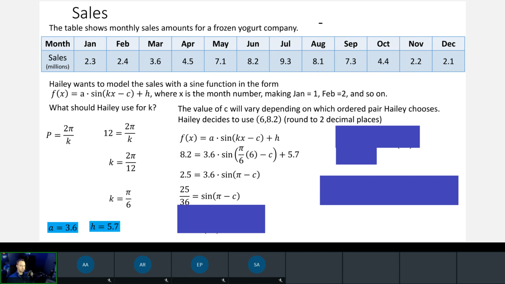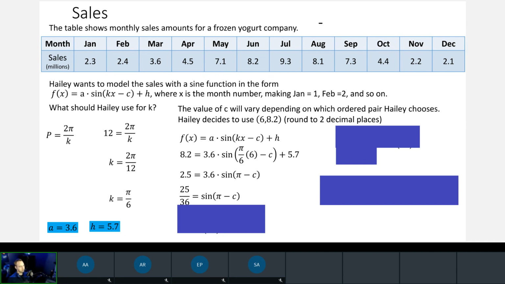All right. What's our next step? We have a fraction equals sine. What do we do? Arcsine. Yes. So addition and subtraction are opposites. Multiply, divide are opposites. Square roots and squaring are opposites.